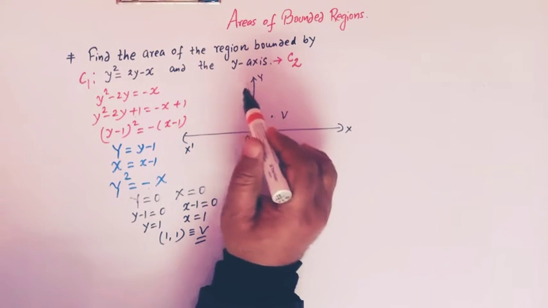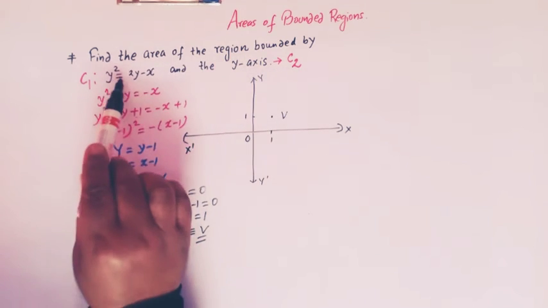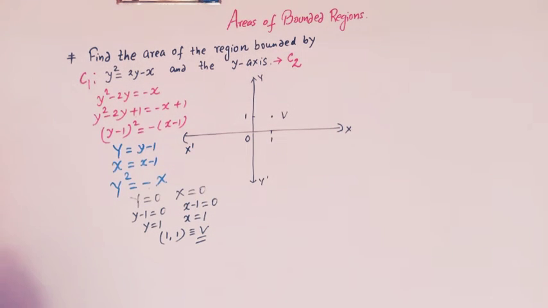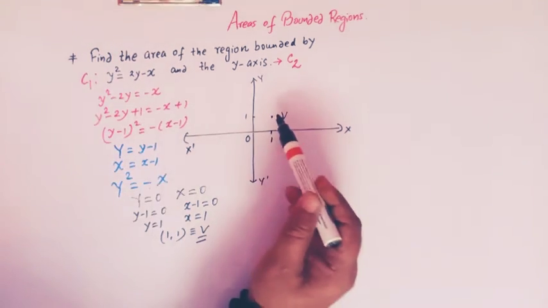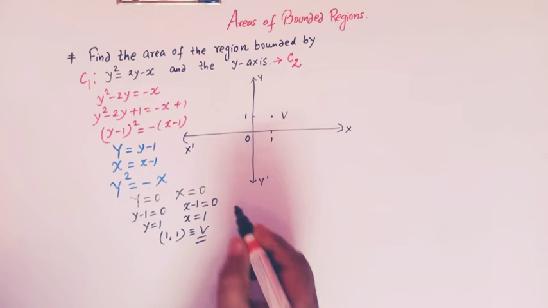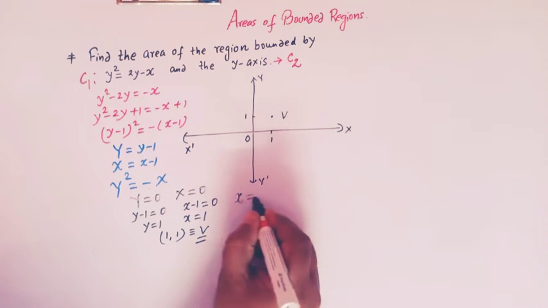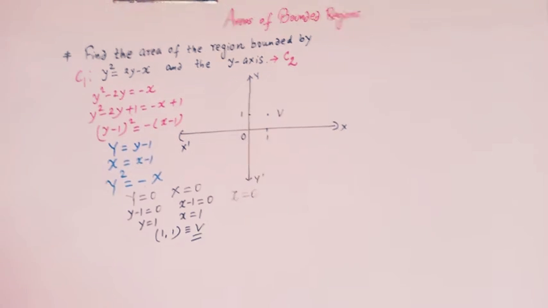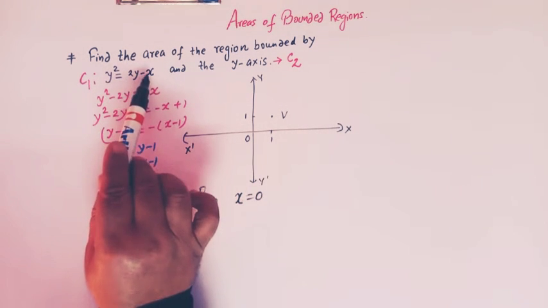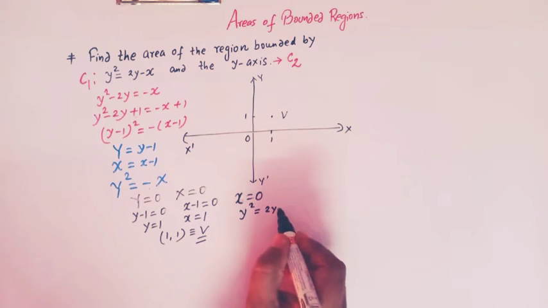So let us find out the points at which this parabola intersects the y-axis, right? When this parabola intersects the y-axis, then we must have x is equal to 0, right? So therefore putting x is equal to 0 here, we have y square is equal to 2y minus 0.